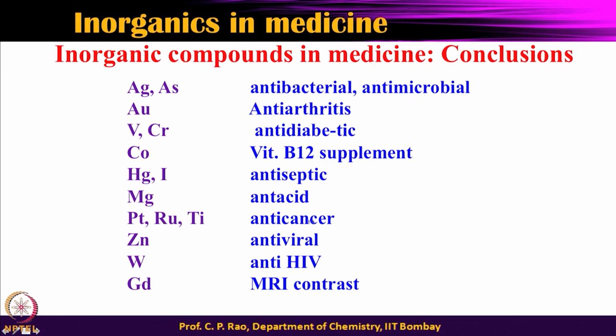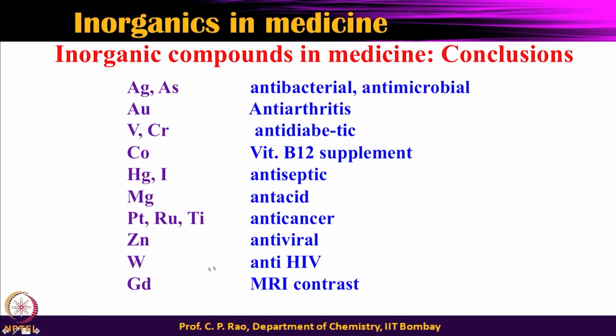Platinum, ruthenium, titanium are anti-cancer, of which we know platinum compounds very well. They are well demonstrated, well accepted, and already in the market, whereas ruthenium and titanium have not hit the market yet, but they are reasonably well shown for their activity. Zinc has antiviral and wound healing effects, and many kinds of aspects people use.